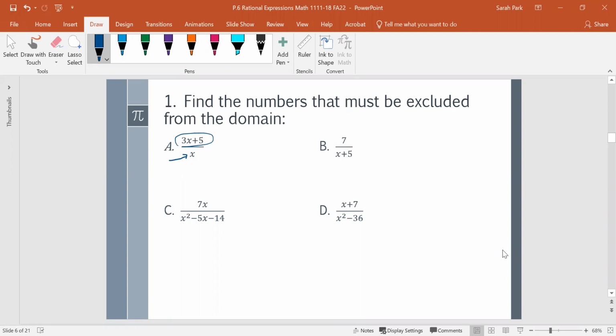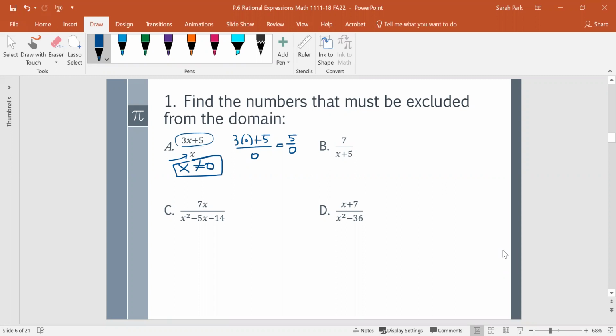If we plug in 0 for x, it makes the bottom 0. So x cannot be 0, because we would get 3 times 0 plus 5 over 0, which is 5 over 0, and we can't divide by 0. So the number to exclude from this first expression is 0.